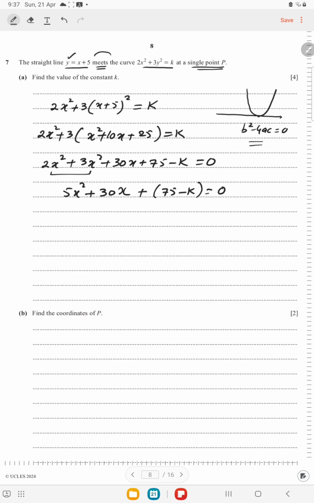Now apply this condition, b square minus 4ac, because the line touches the curve at a single point. So b is 30, 30 square minus 4 times a times c, that goes to be 0. For the simplification, 900 minus 1500 plus 20k equal to 0.